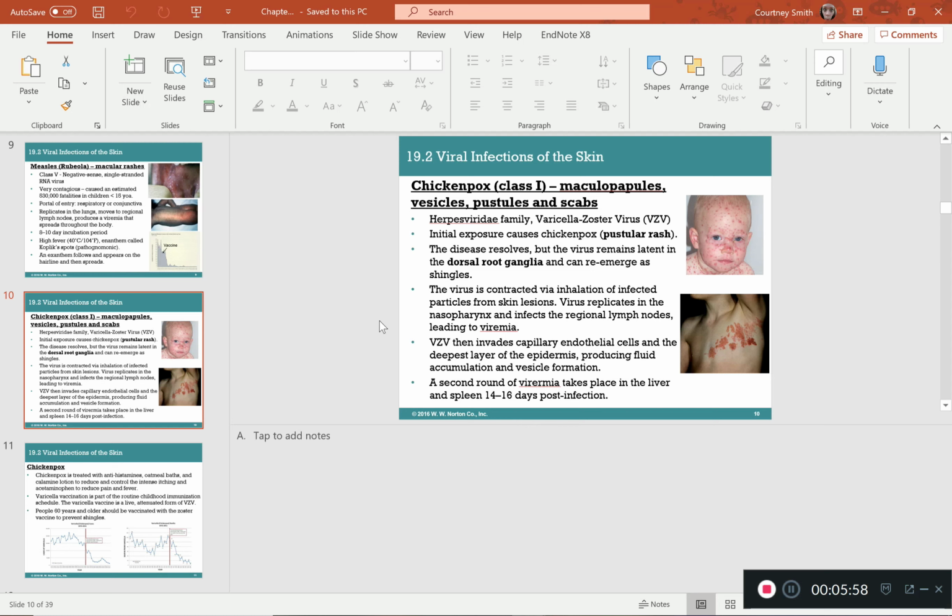It just depends. How it's transmitted is through the inhalation of particles from skin lesions. If a child gets it, children are playing, and the rashes can rupture, and the viral particles inside those ruptured lesions are transmitted through inhalation, as well as to adults.